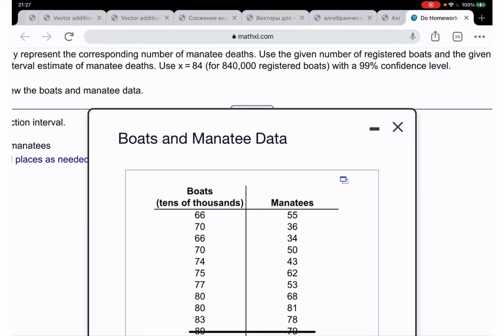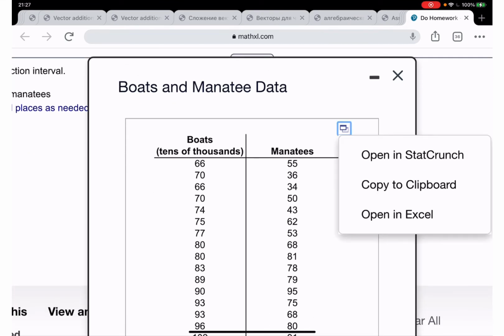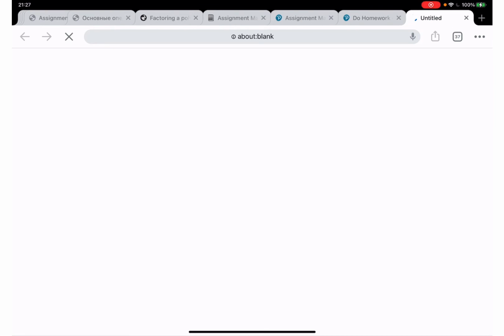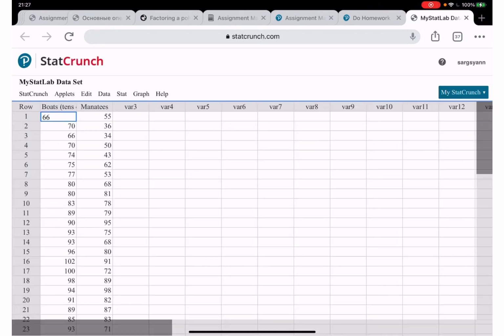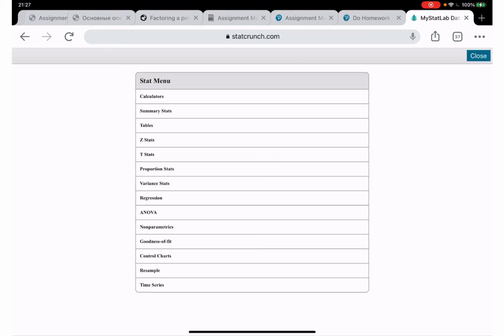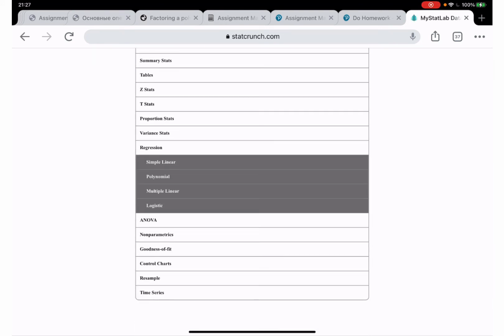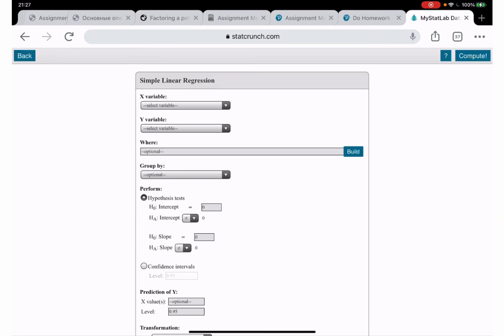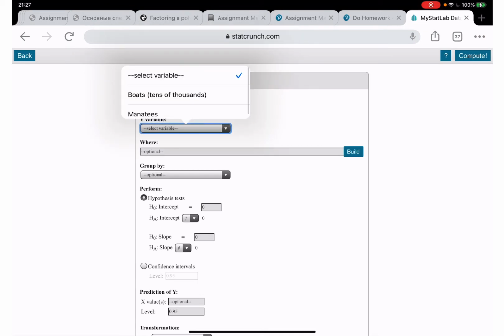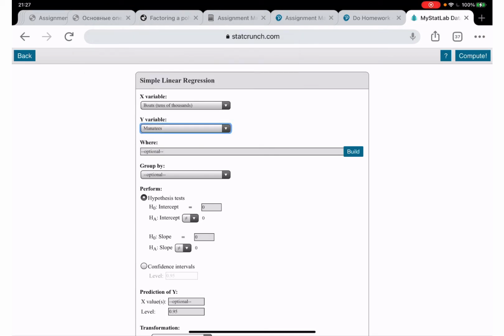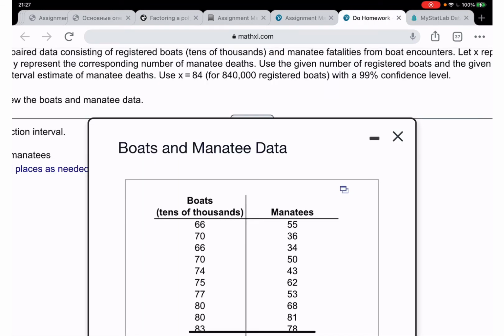We choose Stat, Regression, Simple Linear, and we choose our x and our y. Because we are doing a predicted value, we need to know the confidence level.